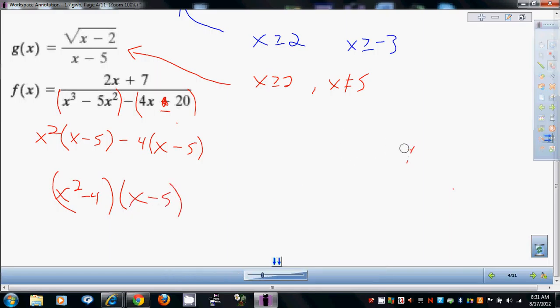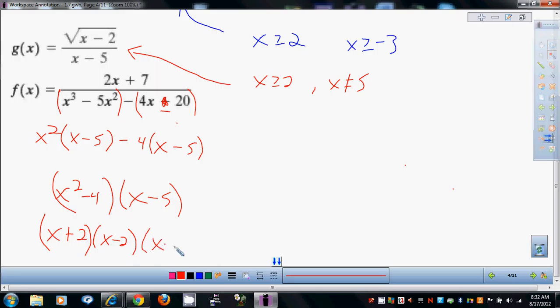Now, Jared, can I factor this any further? x plus 2, x minus 2, just for that first piece. Yes. You could also. Wait. Which part are you referring to? Yes, you could.